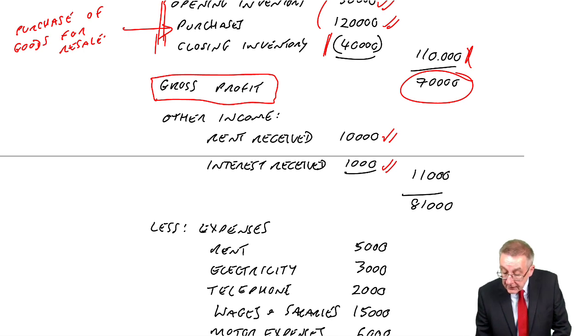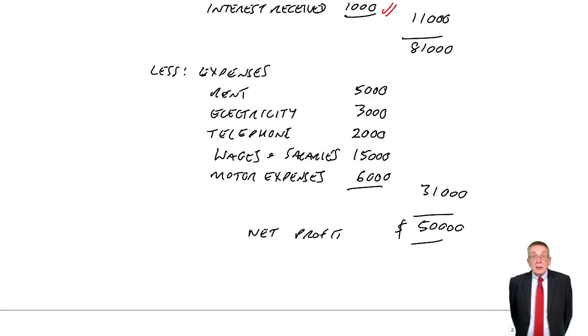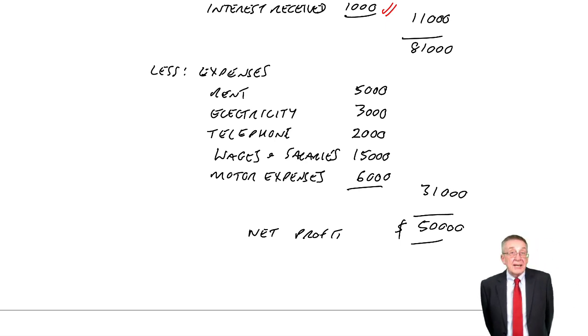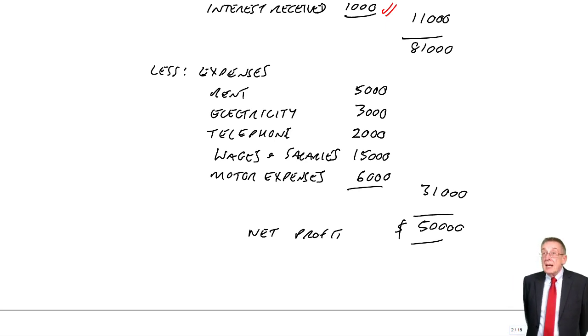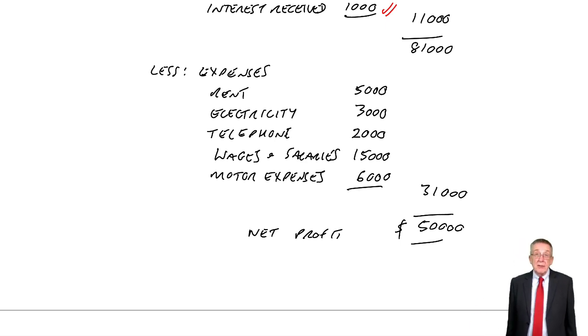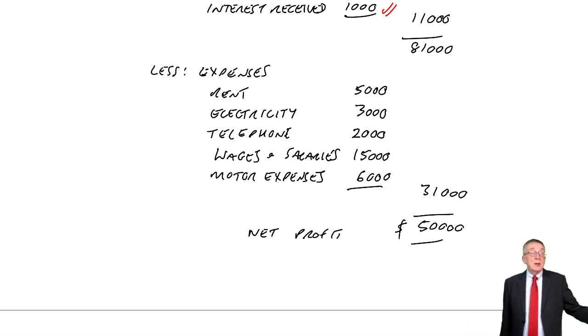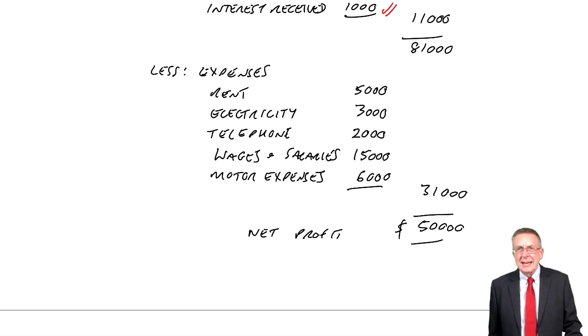Much more importantly, though, the reason 81,000 isn't our final profit is that there will be costs or expenses of running the business. Any expenses of actually running the business reduce the final profit. In my little example at the beginning of this chapter, our only expense, I think, was electricity.